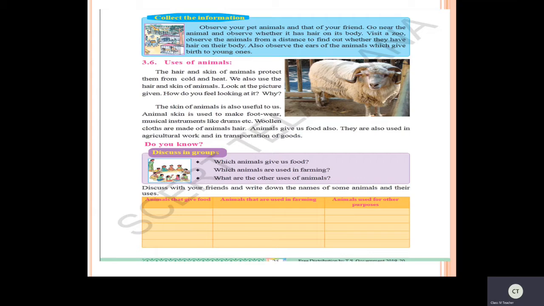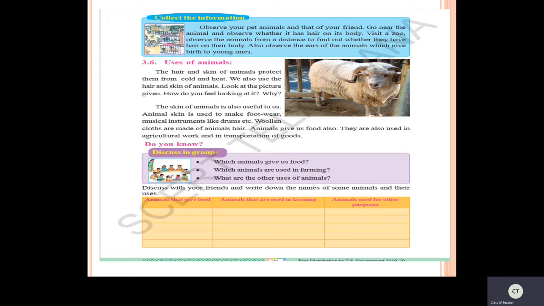Animals give us food also. Yes, children, what did you understand from this? The skin of animals is used for making footwear, musical instruments like drums, and woolen clothes are made of animals' hair. And animals give us food also. If you see a hen, it gives us eggs and meat. Yes.